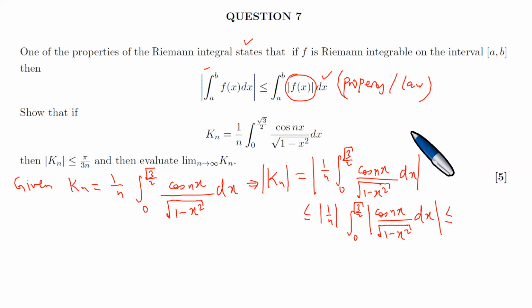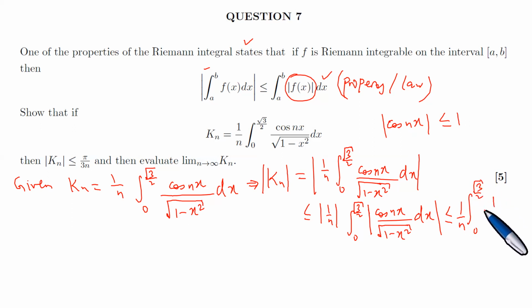This is less or equal to, because we also know that if you have the absolute value of the trigonometric functions, like cosine, it is less or equal to 1. So we're going to use that here. There is 1. Like this.